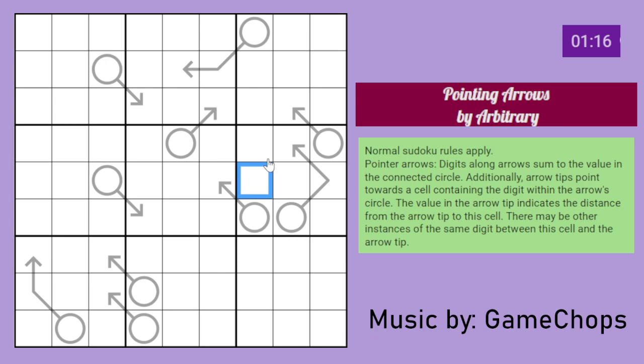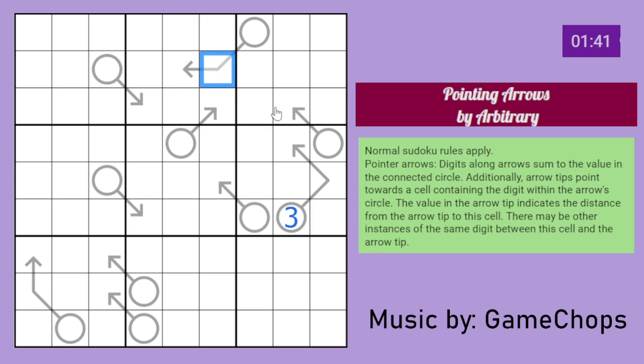The arrow tips point towards a cell containing the digit within the arrow's circle. So whatever the circle is, let's say this was a 3, then the arrow must point to a 3 somewhere in this direction. Maybe it's here.